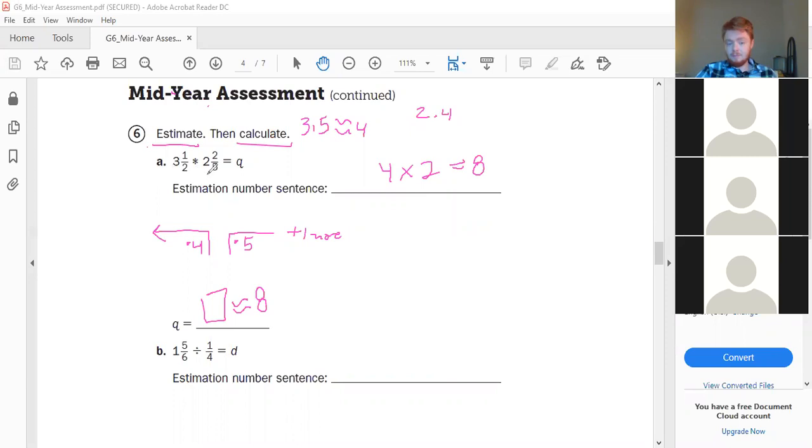You cannot get them symbols as phone. Okay, so then do it this way. So put it in your calculator as 3.5 times 2.4. And then someone tell me what that equals. I have the answer on my calculator too. But I want to see one of you guys do it.